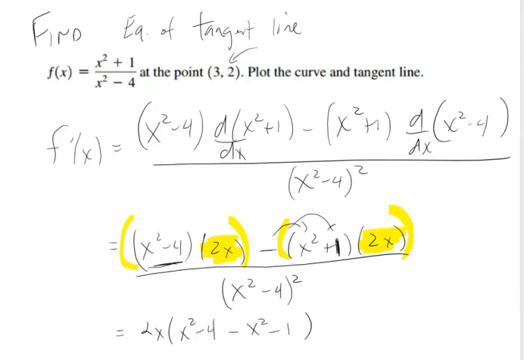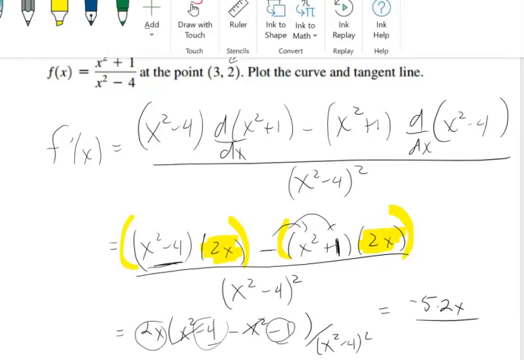So it's x squared minus 1 all over x squared minus 4 squared, which is equal to x squared minus x squared is nothing, and negative 4 minus 1 is negative 5 times 2x. So it's this times just negative 5, which is negative 10x.